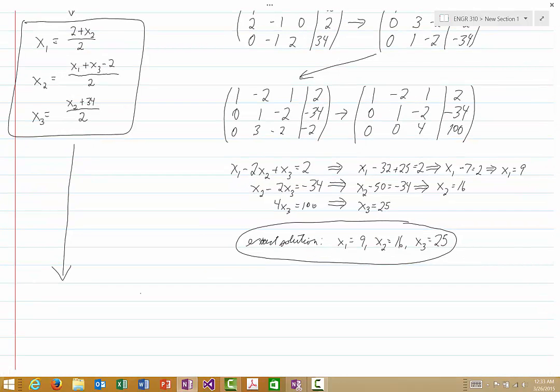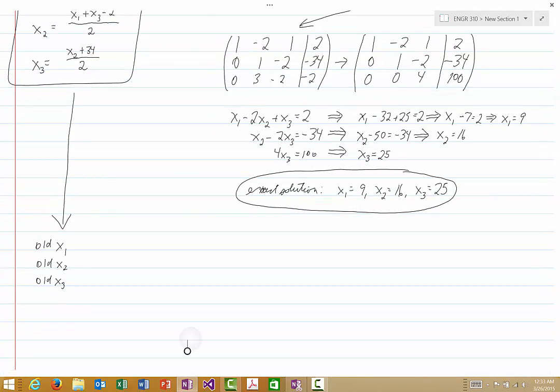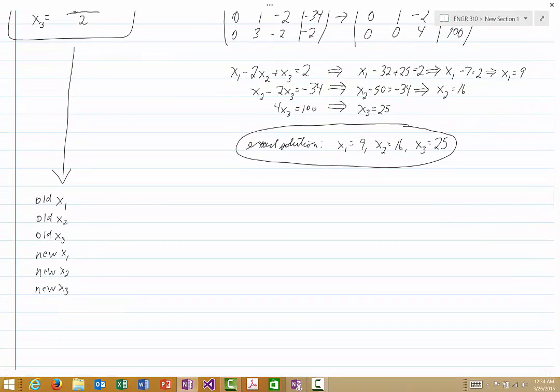I'll have old x1, old x2, and old x3, and I'll also have new x1, new x2, and new x3.